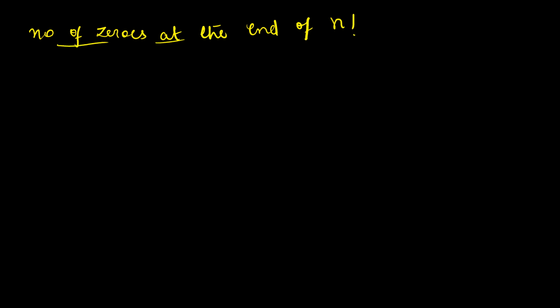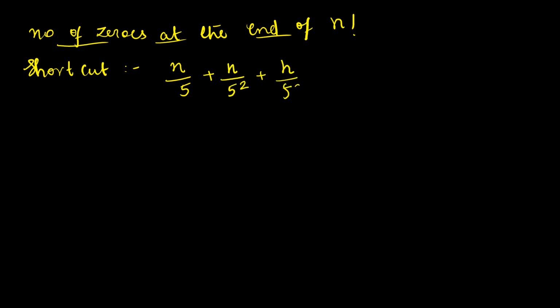To find the number of zeros at the end of n factorial, the shortcut method is n by 5 plus n by 5 square plus n by 5 cube plus n by 5 raised to 4 plus etc. Here we have to note that we have to take only the integer values.